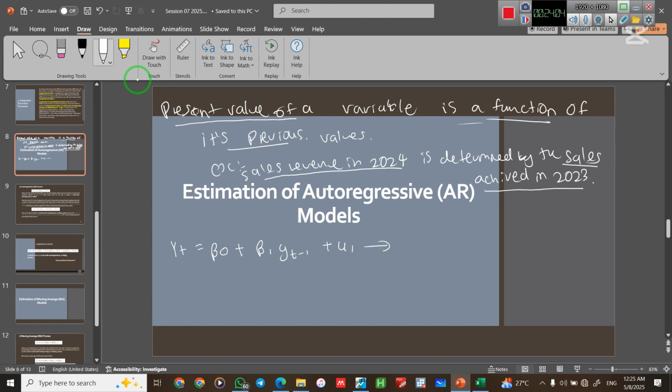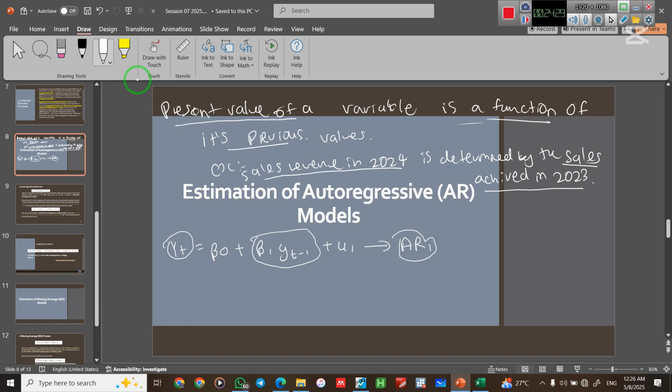This kind of equation we said is an AR1 model, because to determine the current year sales, only one previous year value was taken. So because of that, we said this is an AR1 model.